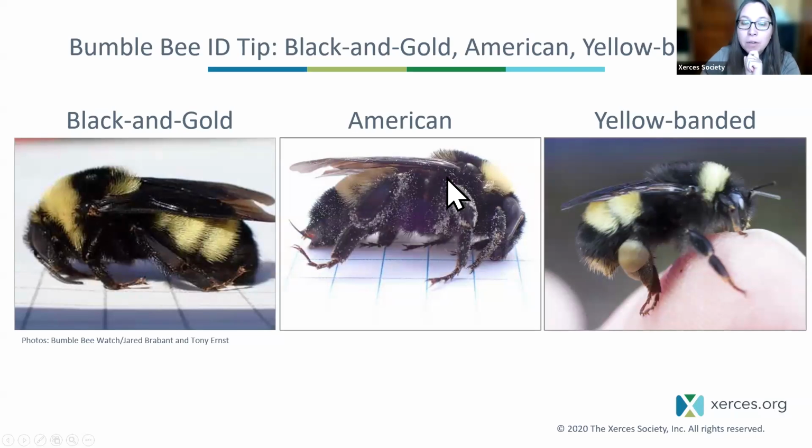Especially the American bumblebee, they can be quite spindly in shape. The American and black and gold bumblebees are also very large, and you can't really see it in the photos, but these are big bees compared to the yellow-banded bumblebee, which is smaller.